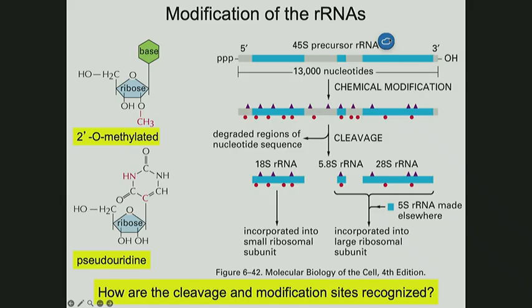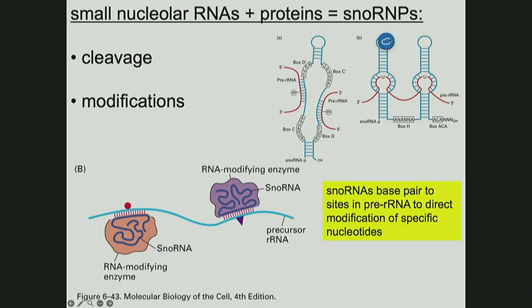So how are these cleavage events as well as these modification sites recognized? These modifications are very specific for a very specific nucleotide in this thousands of nucleotide long RNA. Turns out that there are small nucleolar RNAs that guide enzymes to those specific positions to cause the modification to happen. Remember when we talked about splicing of pre-messenger RNAs?